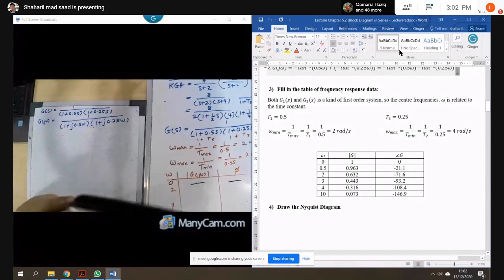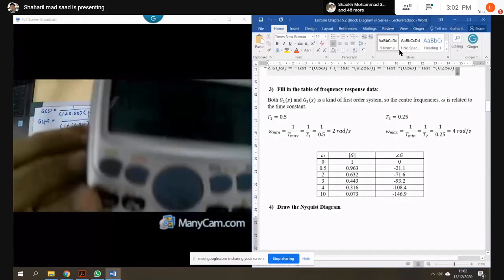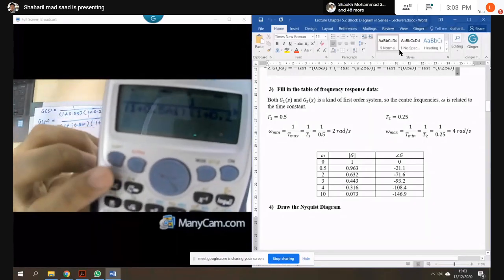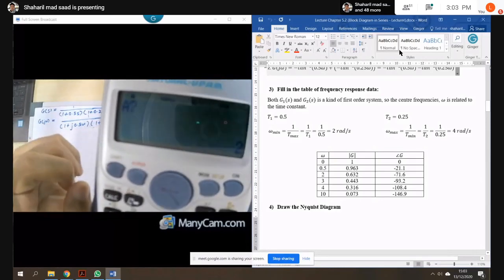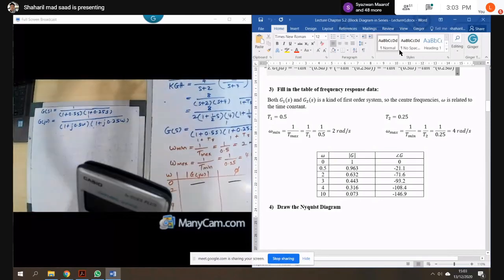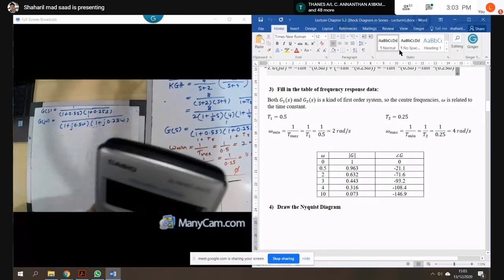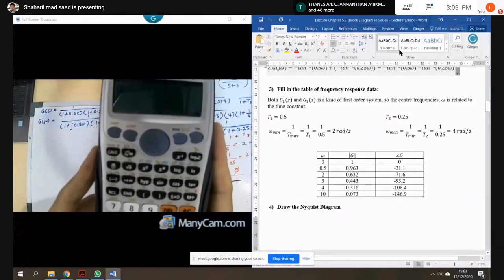Then you just press the solve, the calculate here, right? It asks you what is the value of A. A means your omega. First one is omega equals 0. You put 0, and then you press equal.